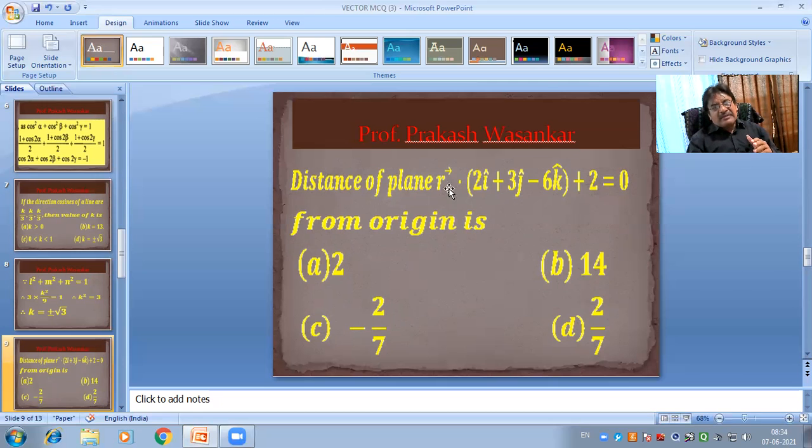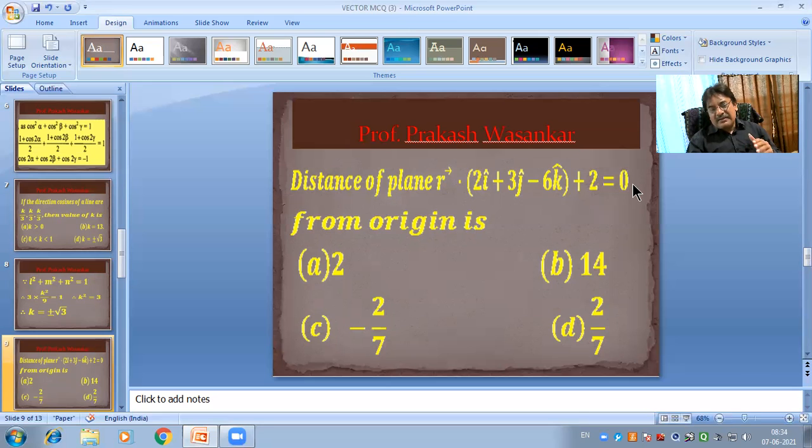So this equation can be written as vector r dot (2i plus 3j minus 6k) is equal to minus 2. Then multiply both sides by a negative sign. So we get vector r dot (minus 2i minus 3j plus 6k), negative negative is positive, which is equal to 2.